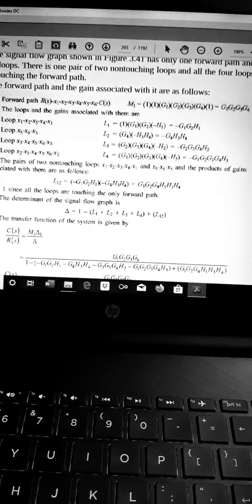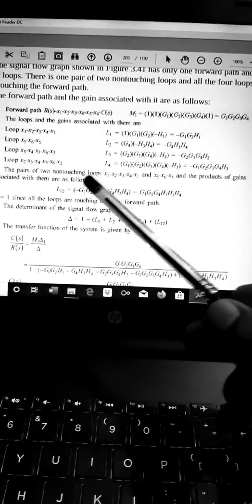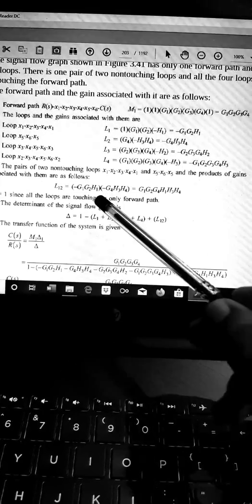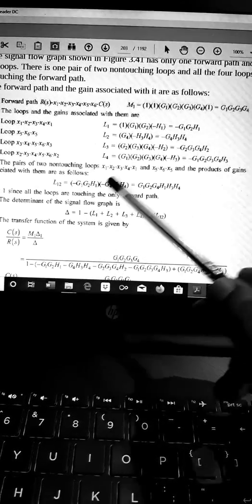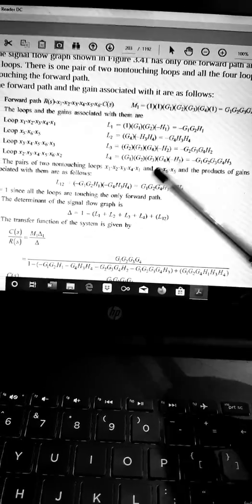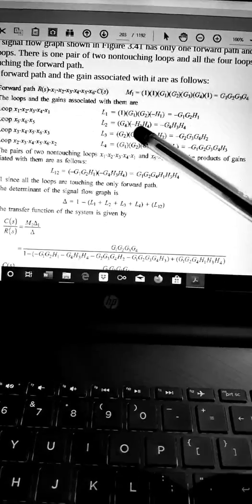Okay. Then L12, you have to multiply the corresponding gain. So you're getting a big term. L12 non-touching pairs.